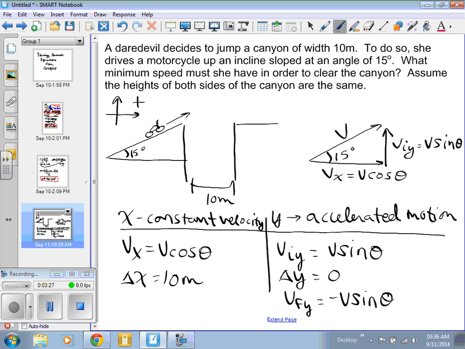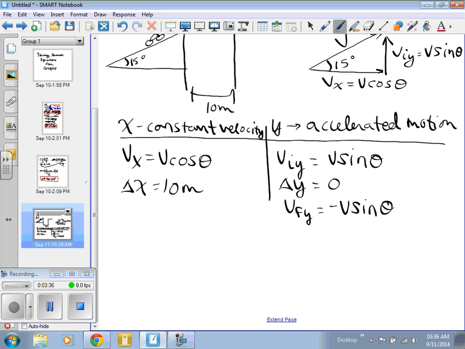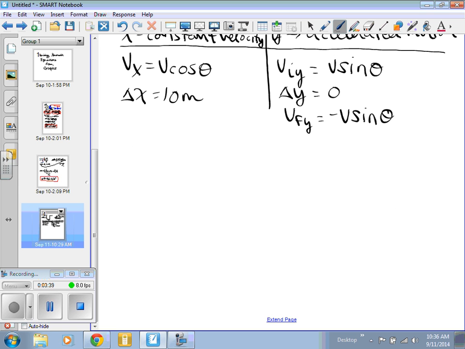So she'll be going down with the same speed that she had when she left the other canyon wall. She'll just be moving in the opposite direction. We also know acceleration is equal to negative 9.8 meters per second squared. And of course, we know theta is 15 degrees.